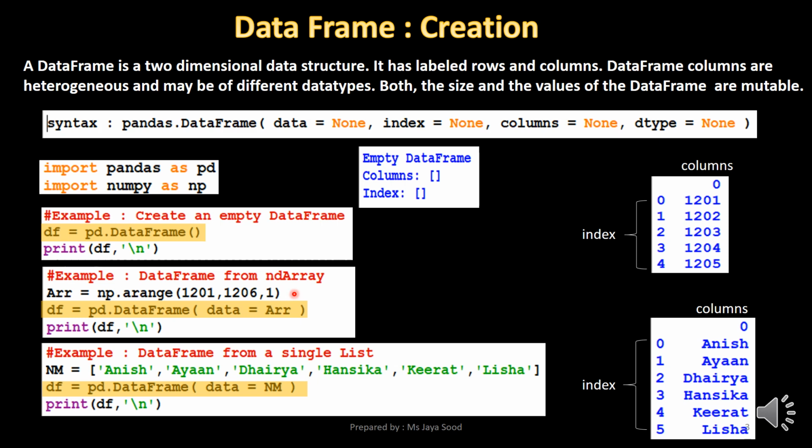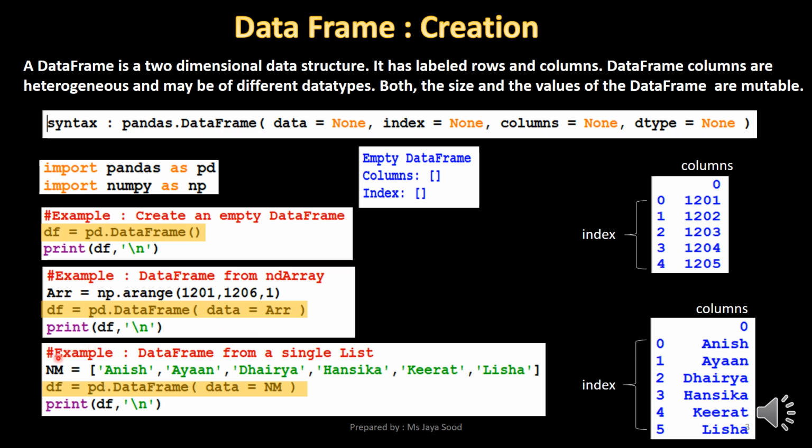It will hold values from 1201 to 1205. df is a data frame object which is created by invoking the constructor method with one argument and passing this ND array as the data. You may see here in the output that the data frame that is created has one column and the values are coming from the ND array. The column heading is 0 and the default indexes are from 0 to 4.